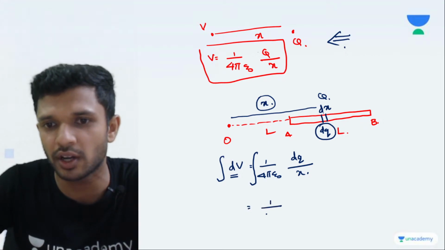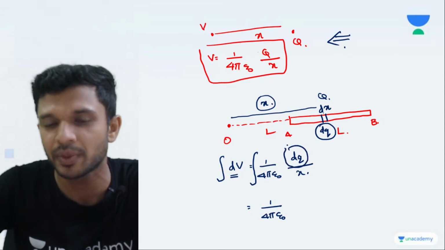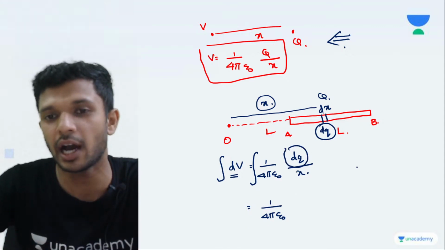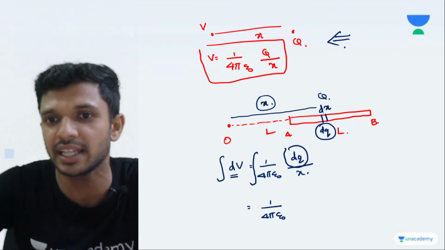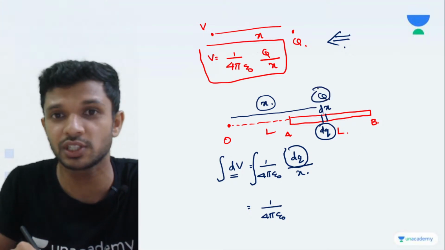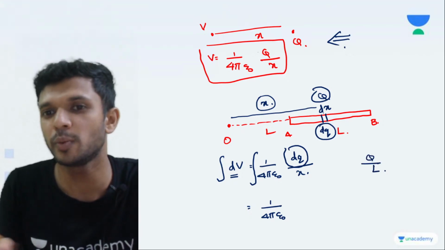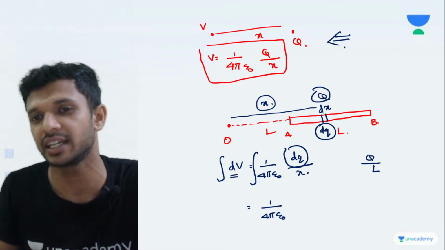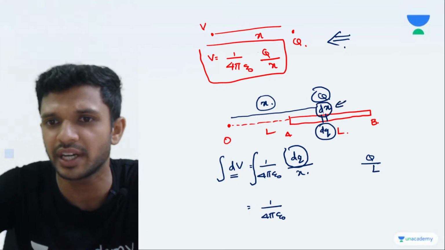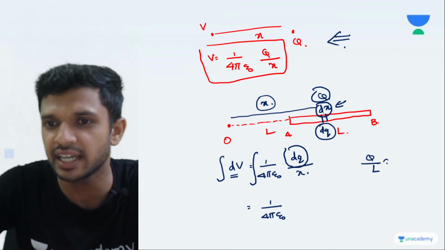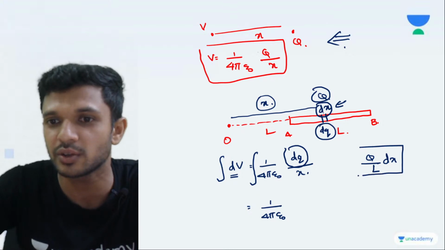1 by 4 pi epsilon 0 will come outside. What is dq, the small charge? Listen, you know that the total charge is q. So what is q by L? Q by L is the charge per unit length. So how will you find the charge for a very small width of dx? Charge per unit length into the length of the portion where we want to find the charge.